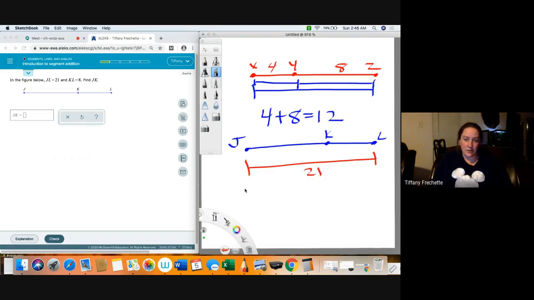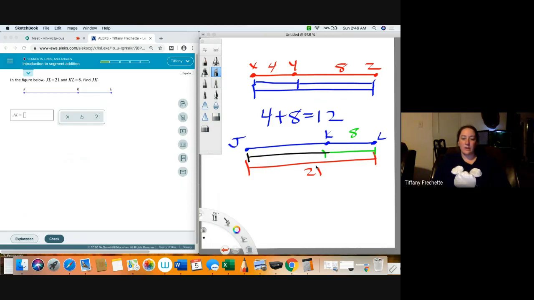And then I'm going to do it in green, why not? KL, this piece here, is 8. And we need to find the missing piece here.